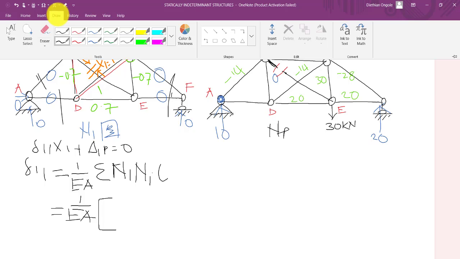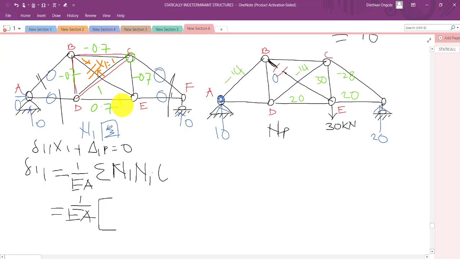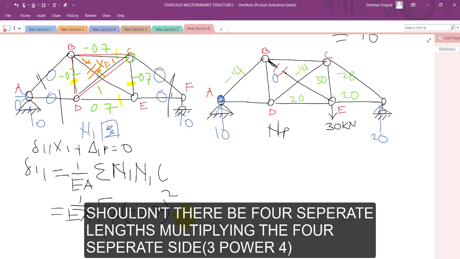From observation, we can see that this one and this one have the same magnitude. Since it's like that, I'll just use the values for one and multiply by 4. So this should be 4 times our n1, which was equal to negative 0.7, squared, times the corresponding lengths.